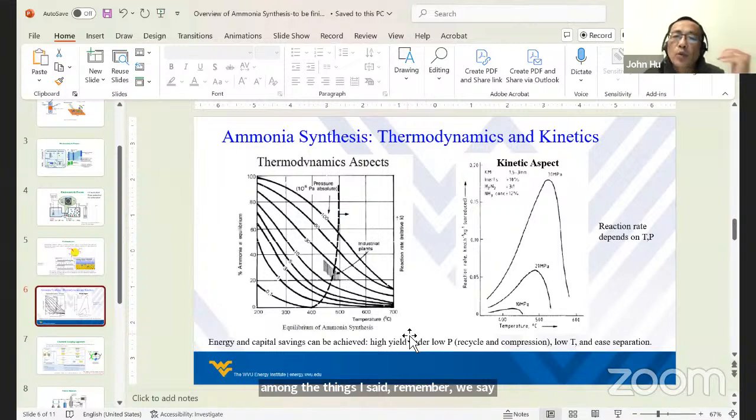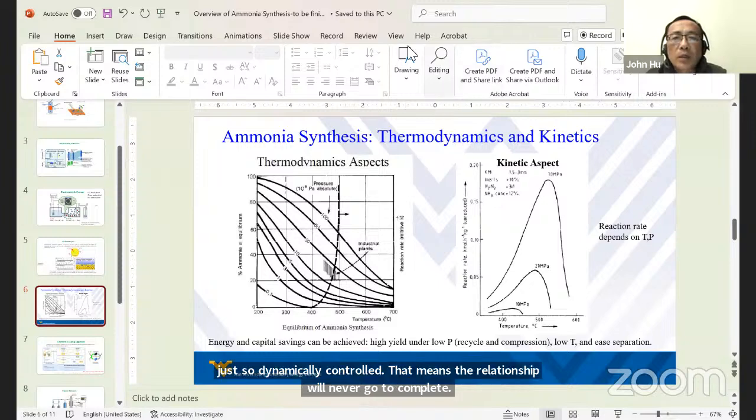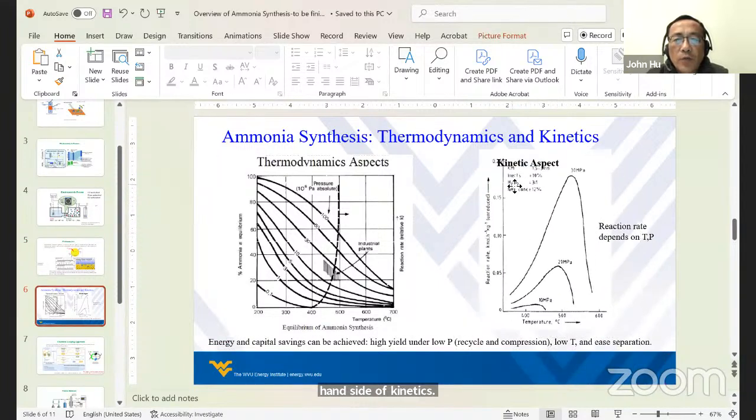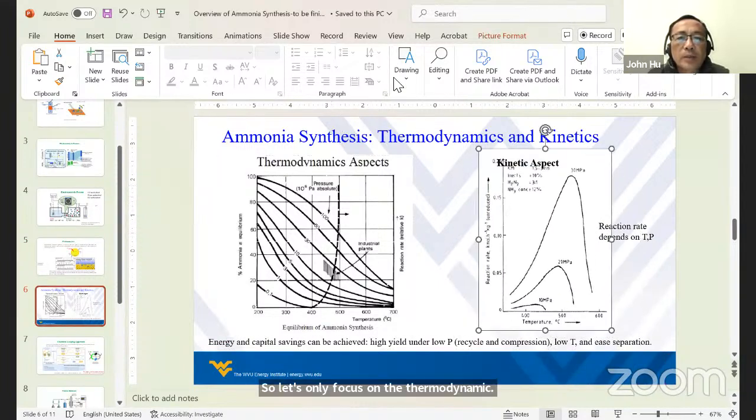That means the reaction will never go to completion. So let me start writing the equation here. On the left-hand side, just thermodynamics. On the right-hand side, kinetics. So let's only focus on the thermodynamics. What does the thermodynamics say?